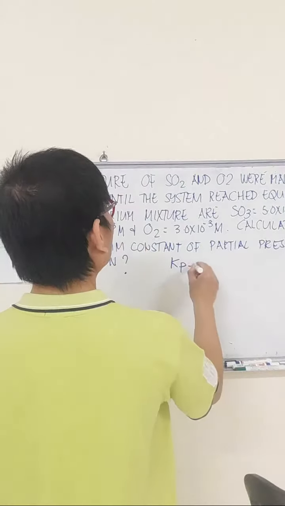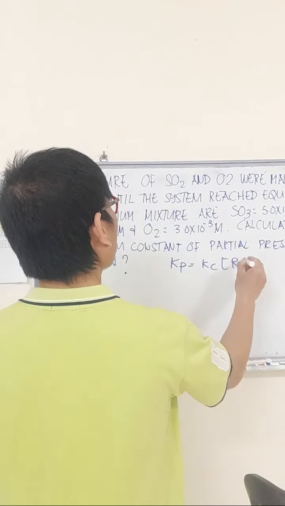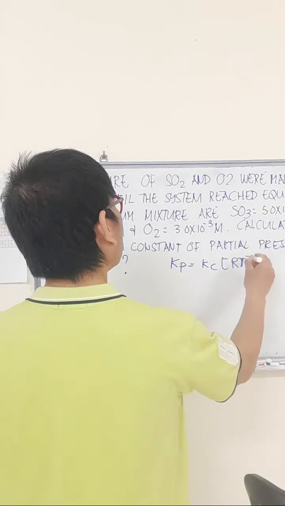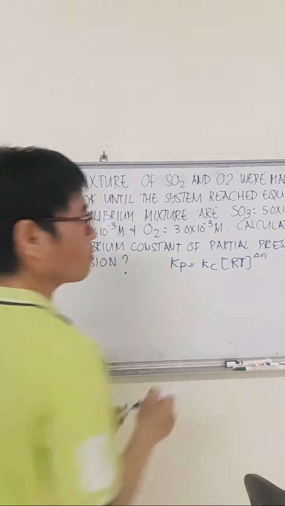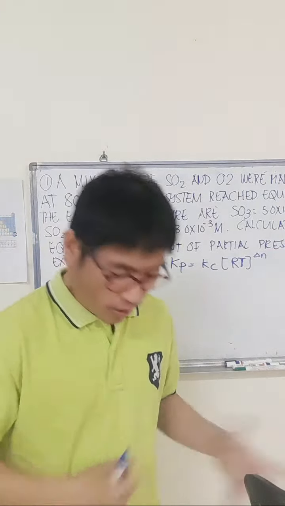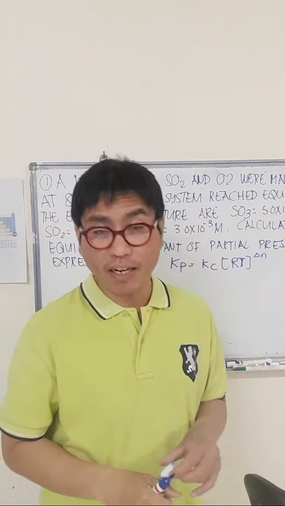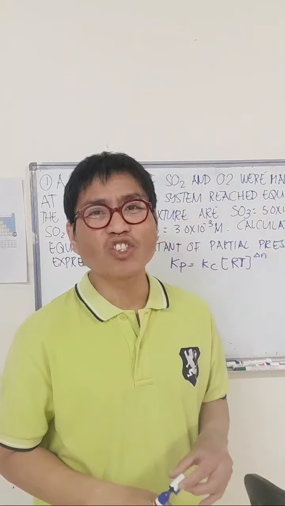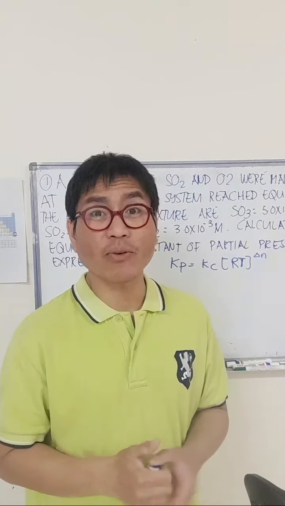Kp is equal to Kc times the universal gas constant R times the temperature T raised to the power delta n. Delta n means the change in the number of moles: the total number of moles in the products, for example if you have 2 or more products, minus the number of moles in the reactants.